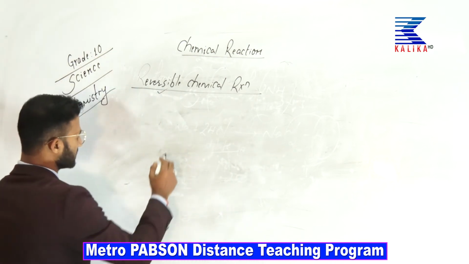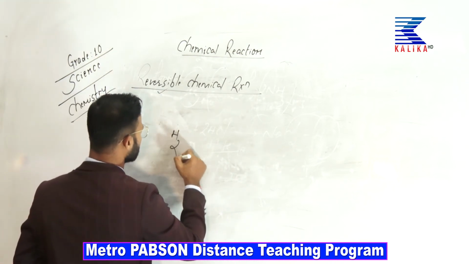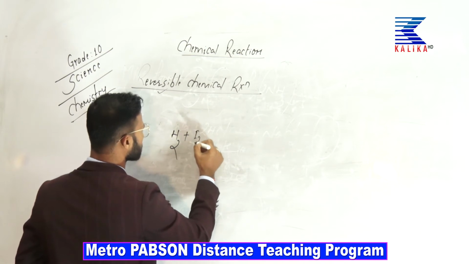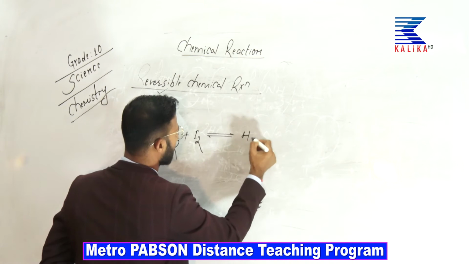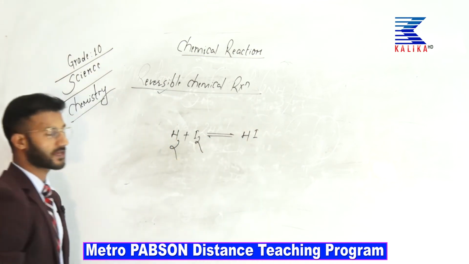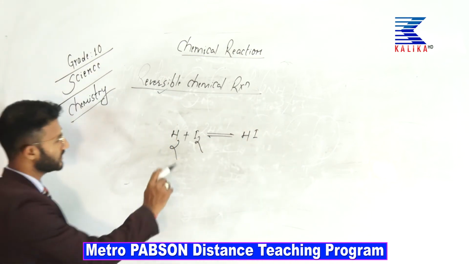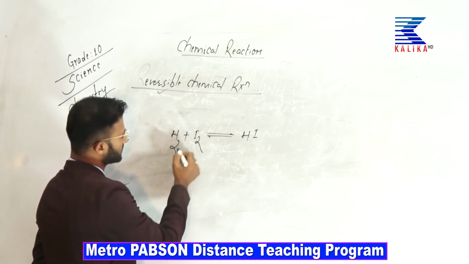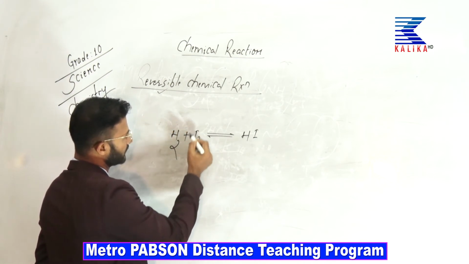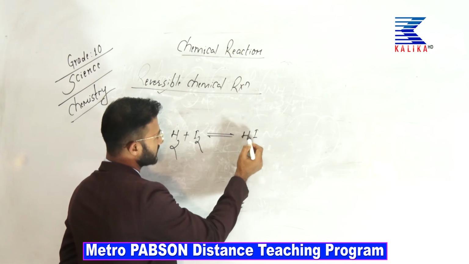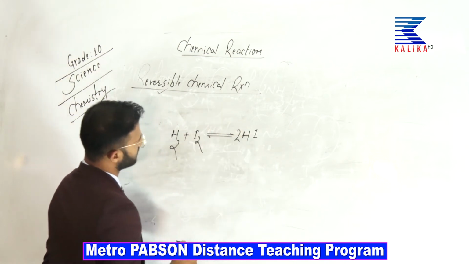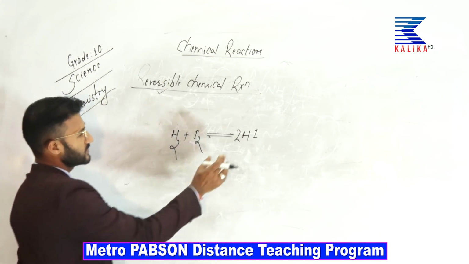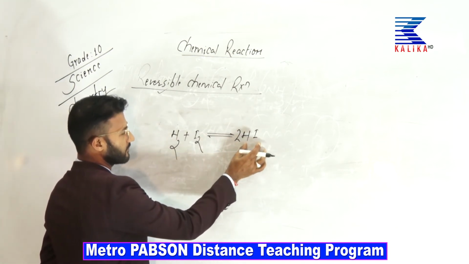Look at the example here. H2 plus I2 forms HI, hydrogen iodide. Look at this chemical reaction. The number of hydrogen molecules here is 1, iodine molecule 1. Here we must balance it by adding the coefficient 2. 2 molecules of hydrogen iodide are formed.